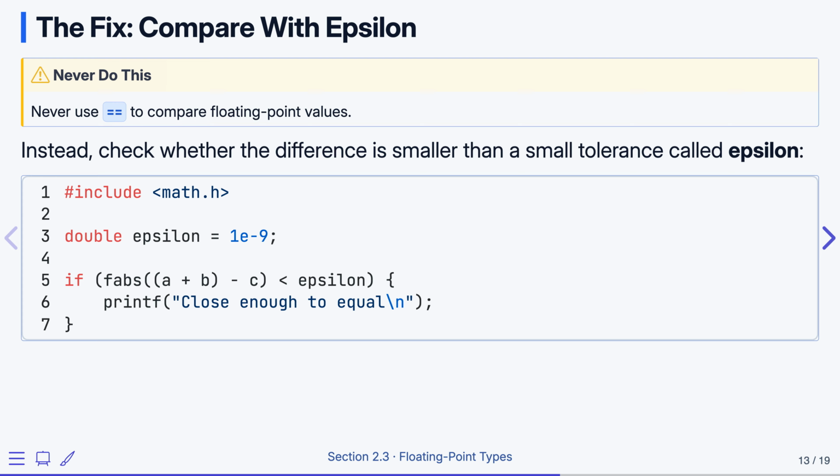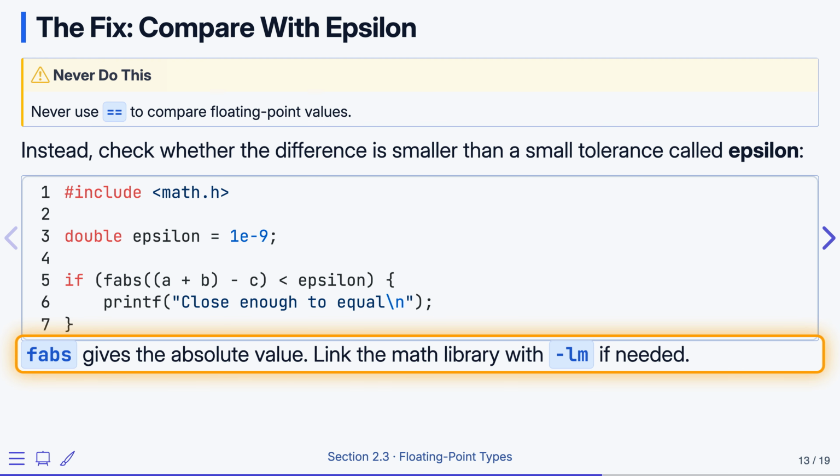The function fabs gives the absolute value. If the difference is smaller than epsilon, treat the values as equal. When you use the math header, some systems need you to link the math library. You do that with the -lm flag at the end of your compile command.